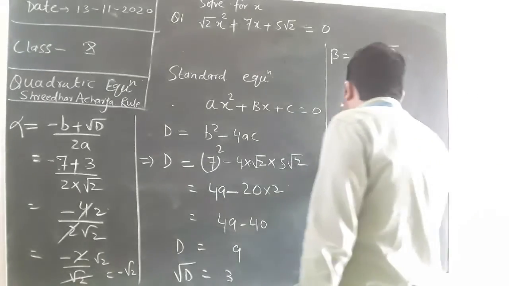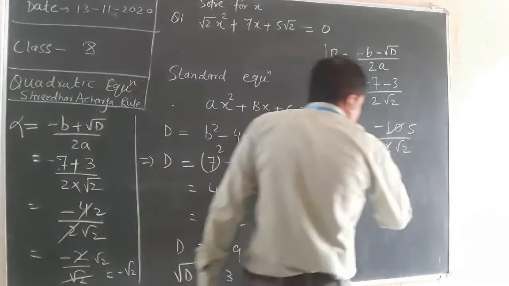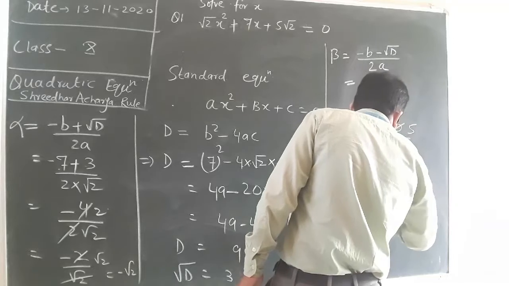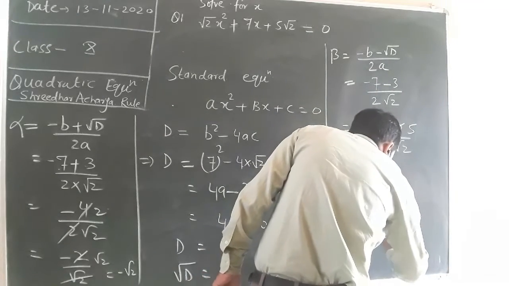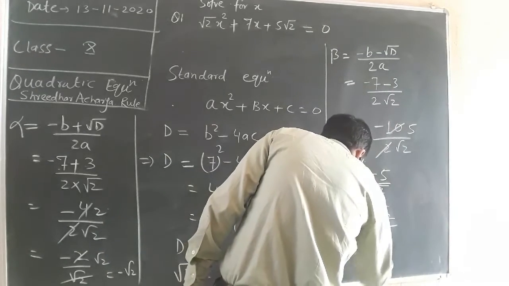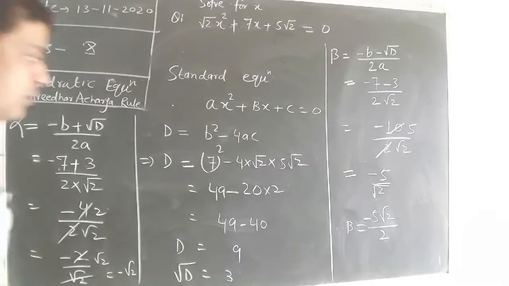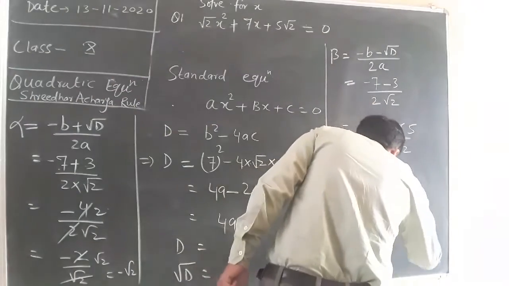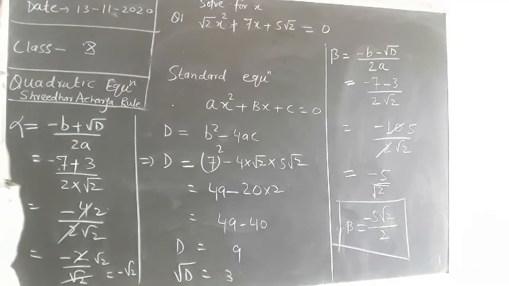So you can write this as minus 5 by root 2, and after rationalization it will be minus 5 root 2 divided by 2. That is my beta. This will be the value of beta, and this is the process of the Sridhar Acharya rule, or you can say the quadratic formula.